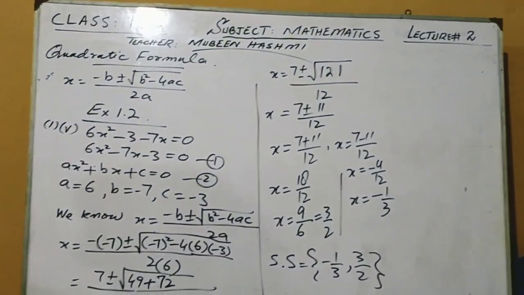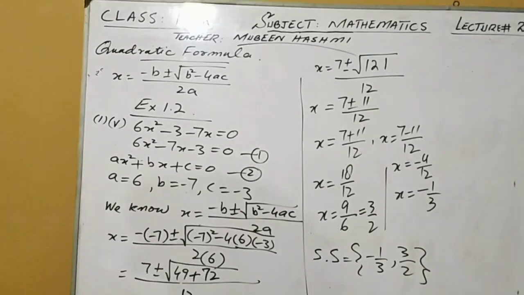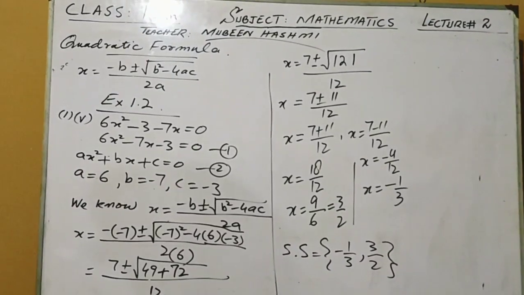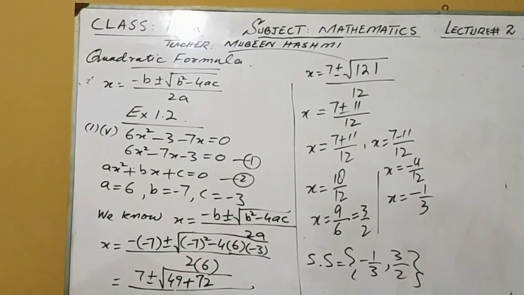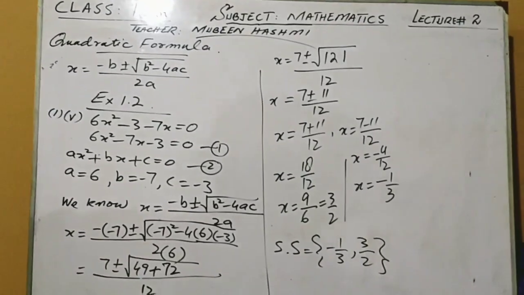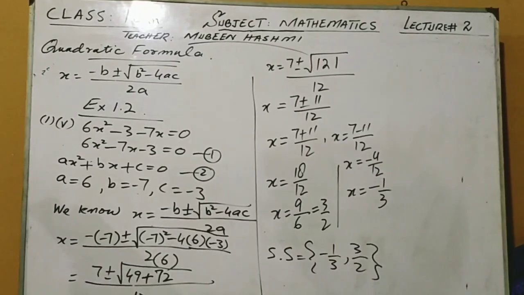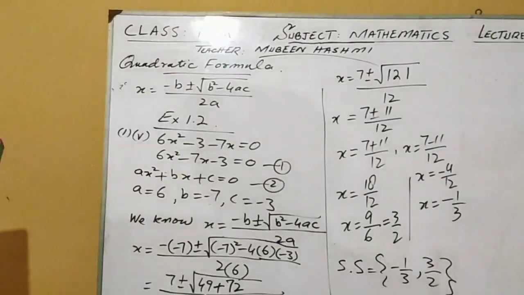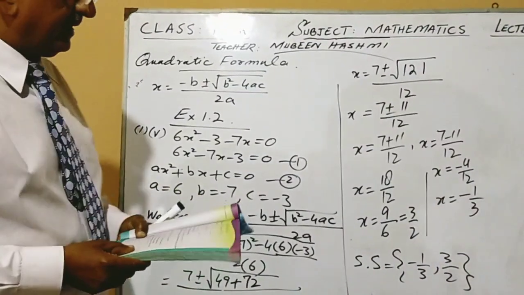One is very important: reciprocal equations, and then exponential equations. Reciprocal equations: an equation is said to be a reciprocal equation if it remains unchanged when x is replaced by 1 upon x.